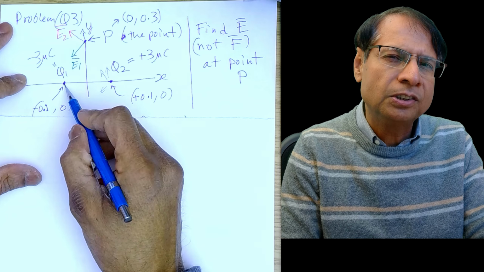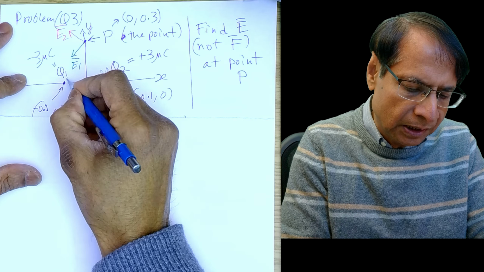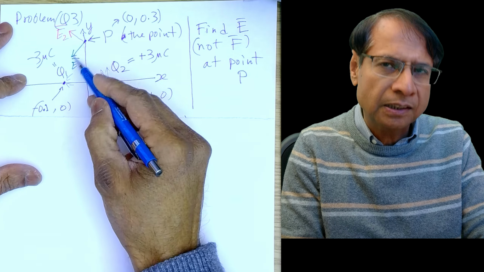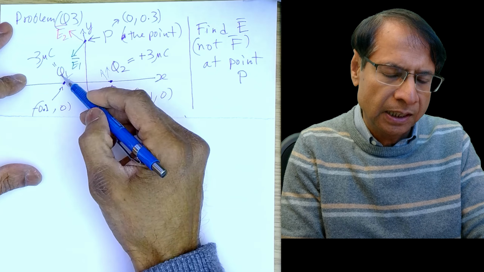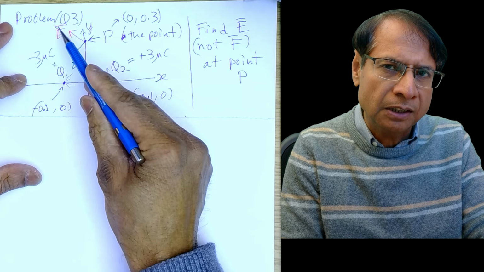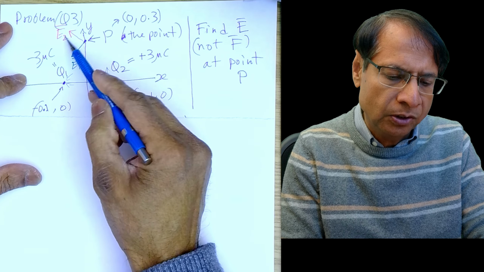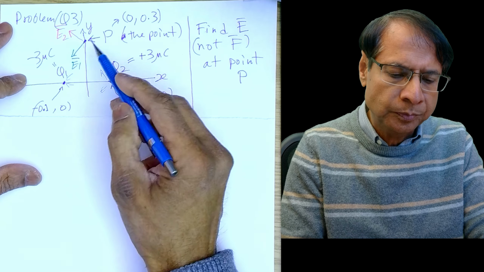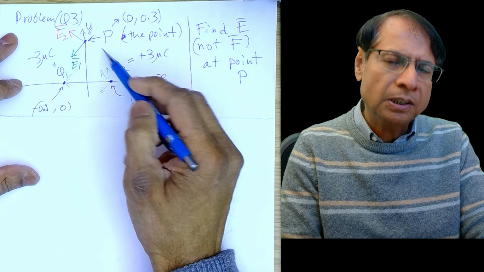This is a negative charge. It's like a vacuum, so electric field lines point towards this negative charge. So it's pulling an electric field, E1, the green vector, towards itself. This Q2 sends out an electric field like a wind. That's this pink or reddish E2. It's going out like this. So this is the basic setup.